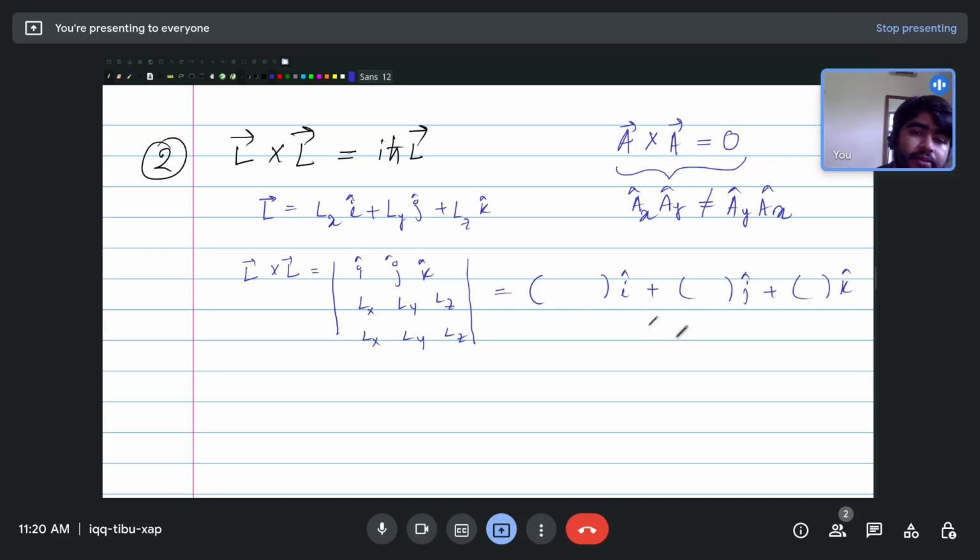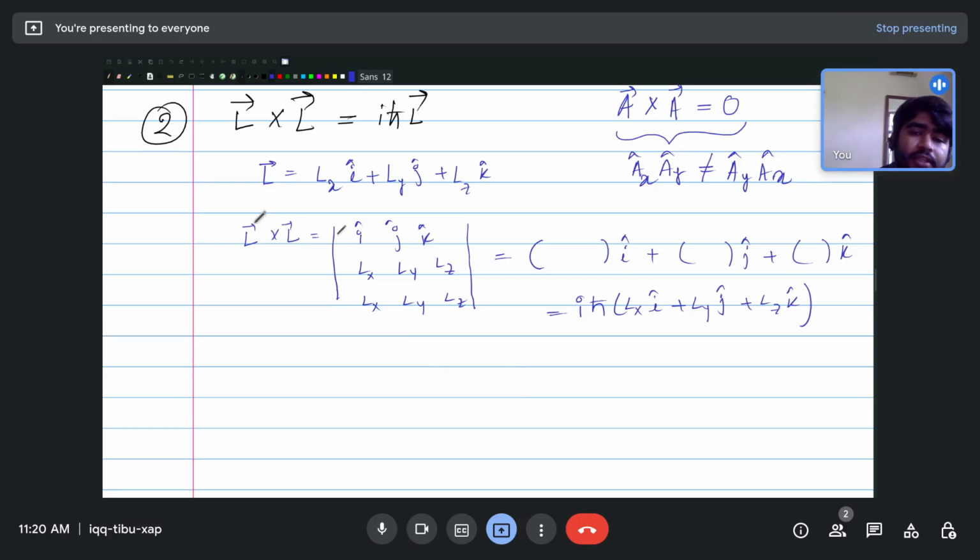Then you have to match these quantities with the right hand side of the equation, like Lx i cap plus Ly j cap plus Lz k cap.